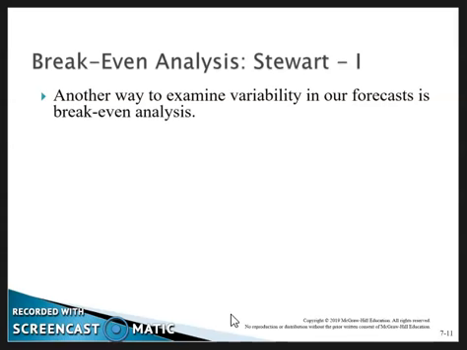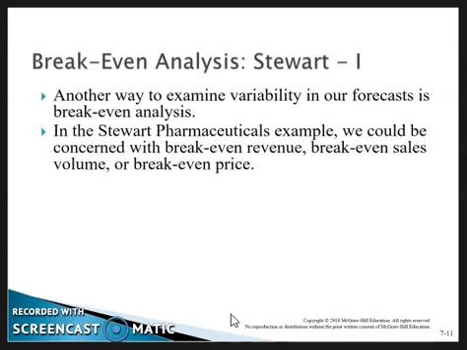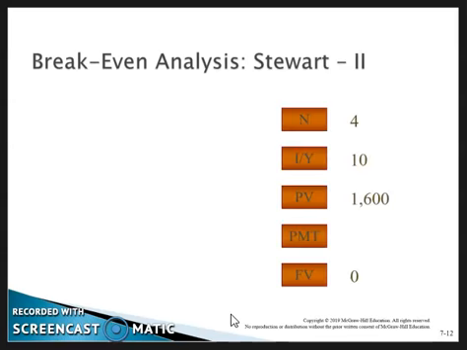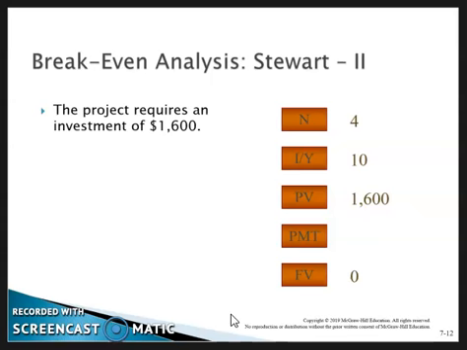So in the example, we could be concerned with break-even revenue, break-even sales, or break-even price. To find any of them, we need to start with the break-even operating cash flow. So that's simply, we take the $1.6 billion investment over the 4 years and apply our 10% required rate of return.